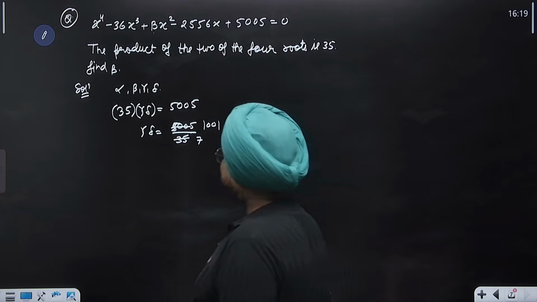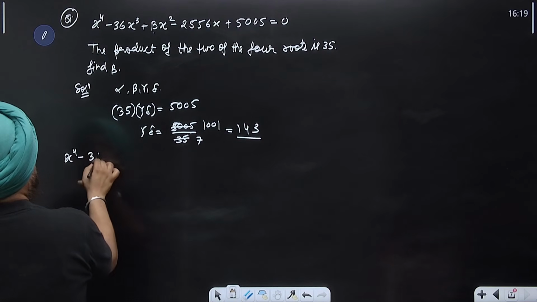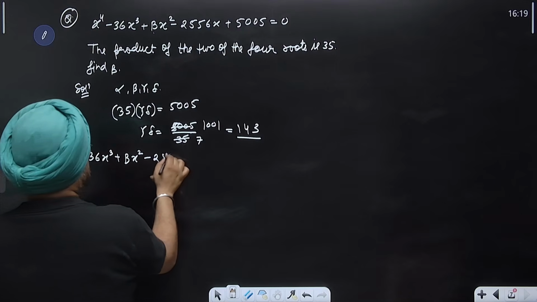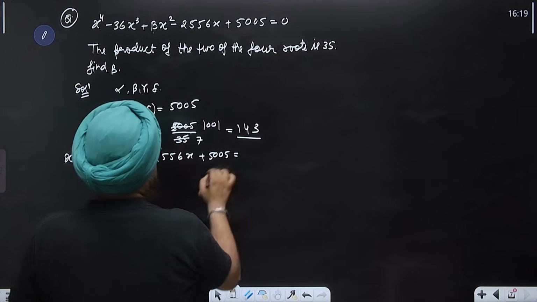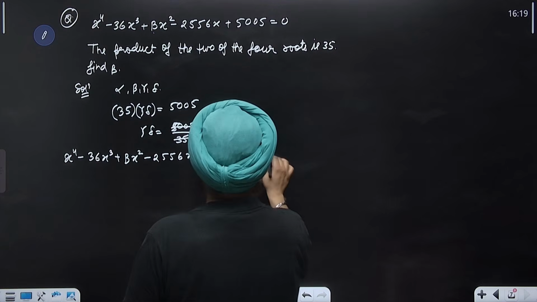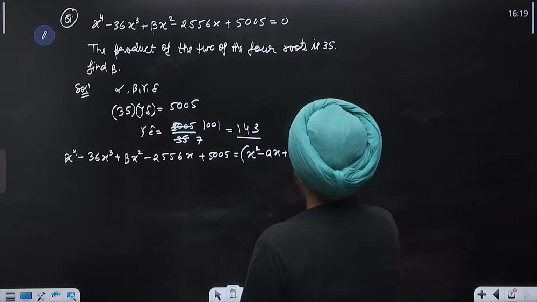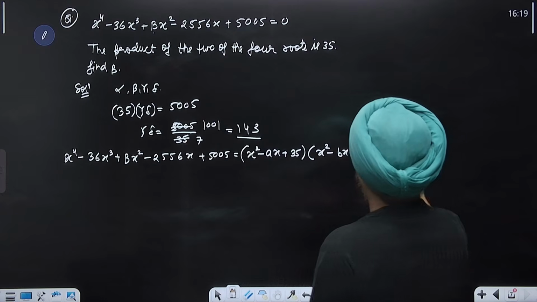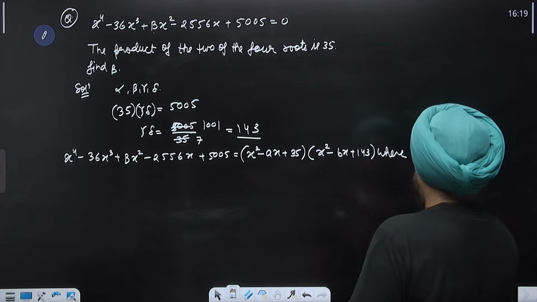So I can factorize this biquadratic into two quadratic factors like this: x square minus ax plus 35 and x square minus bx plus 143, where a will be equal to alpha plus beta and b will be equal to gamma plus delta.